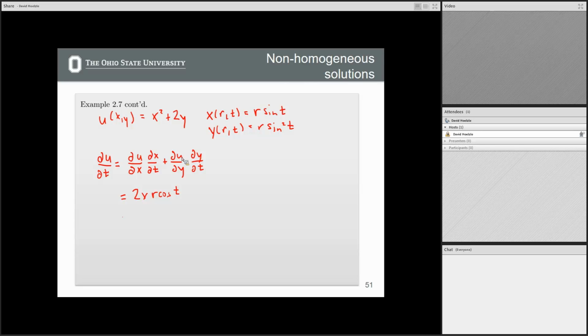Du dy is going to be equal to 2. Dy dt is going to be equal to 2 r cosine t sine t by the chain rule, right? You can think of it as just sine squared. Yes. Thanks. We got my r, right? Okay. All right, so that'd be multivariate chain rule.